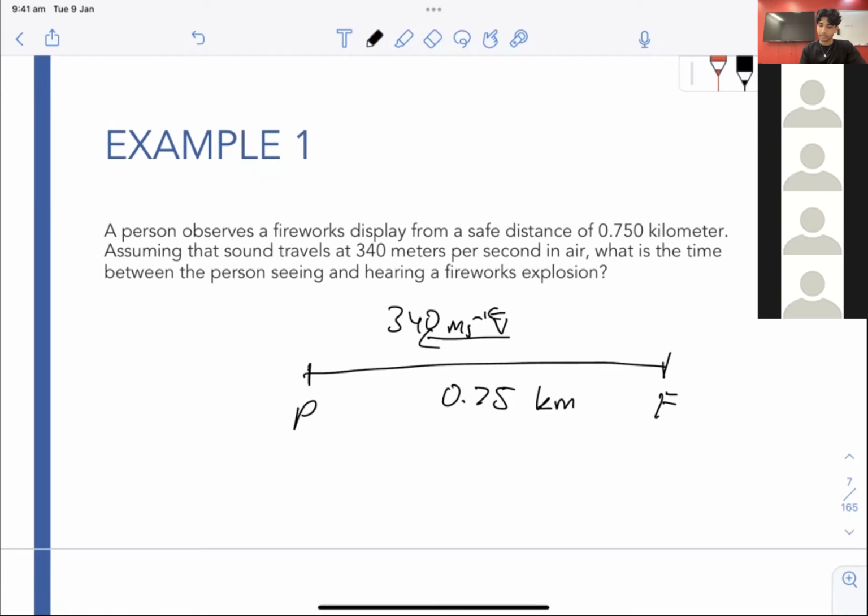To find the time between the person seeing and hearing the firework explosion, we're going to divide the distance the sound has to cover by its velocity. So distance equals velocity times time. Very basic formula. Sorry, velocity times time, my bad.